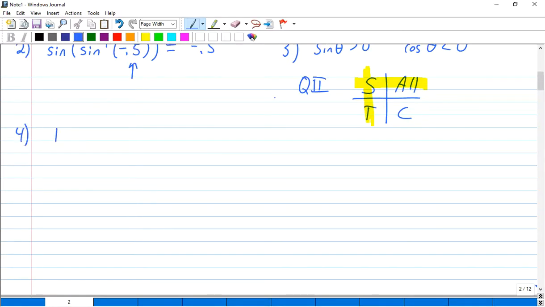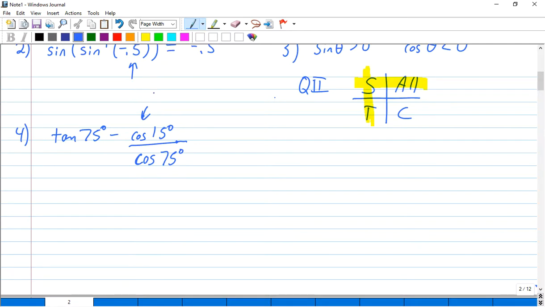Number 4, the tangent of 75 degrees minus the cosine of 15 degrees over the cosine of 75 degrees. So we have to use the complementary angle theorem here first and I would change cosine of 15 degrees into what it's equal to with its cofunction.